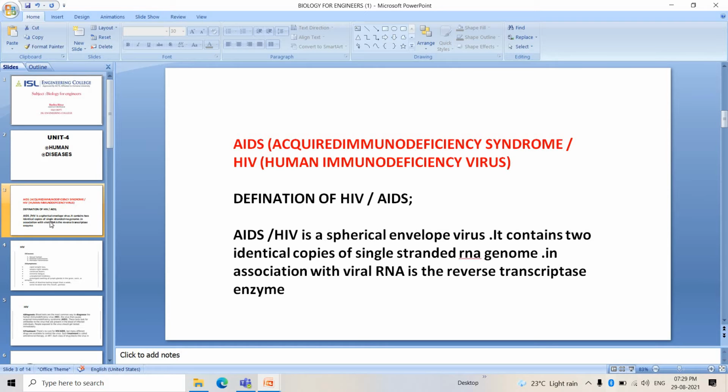So in our today's online session, we'll finish off this Unit 4 and we'll start with Unit 5. The last unit which is remaining is Biology and its industrial application. So coming to this disease AIDS.